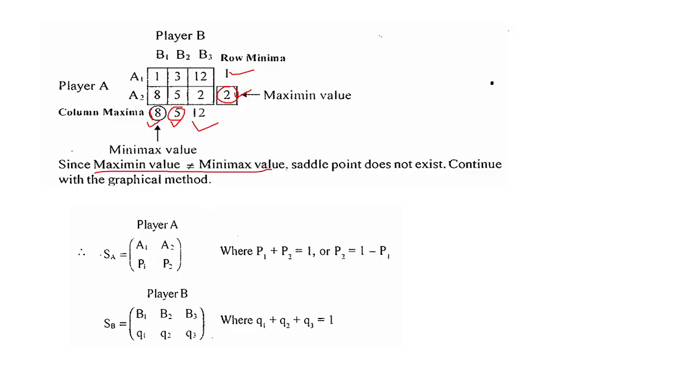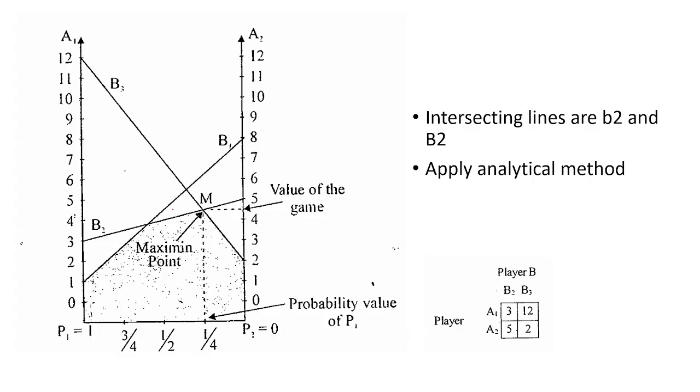Players' strategies for A are A1, A2, with P1, P2 such that P1 plus P2 equals 1. For B, it is B1 with Q1, B2 with Q2, B3 with Q3, such that Q1, Q2, Q3 sum to 1. So this is what we have explained earlier. Take a graph sheet, draw two vertical lines representing strategies of A1 and A2.